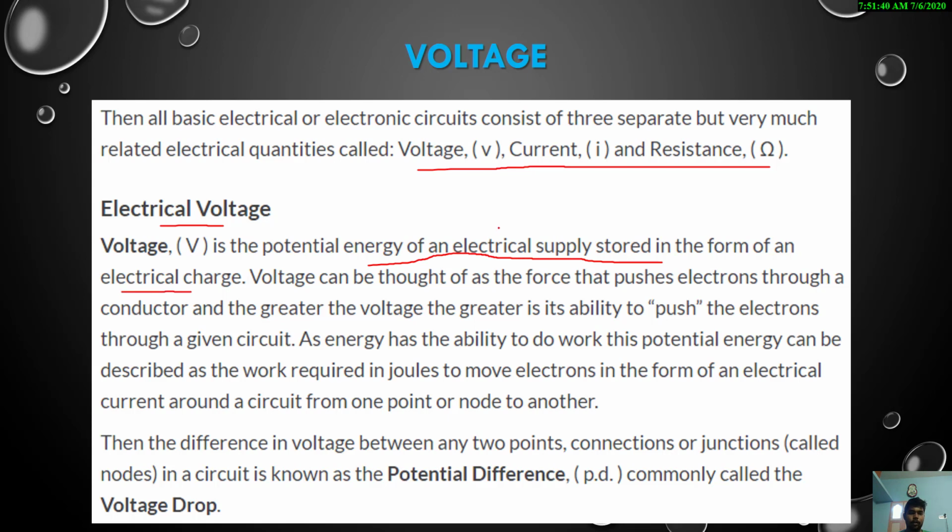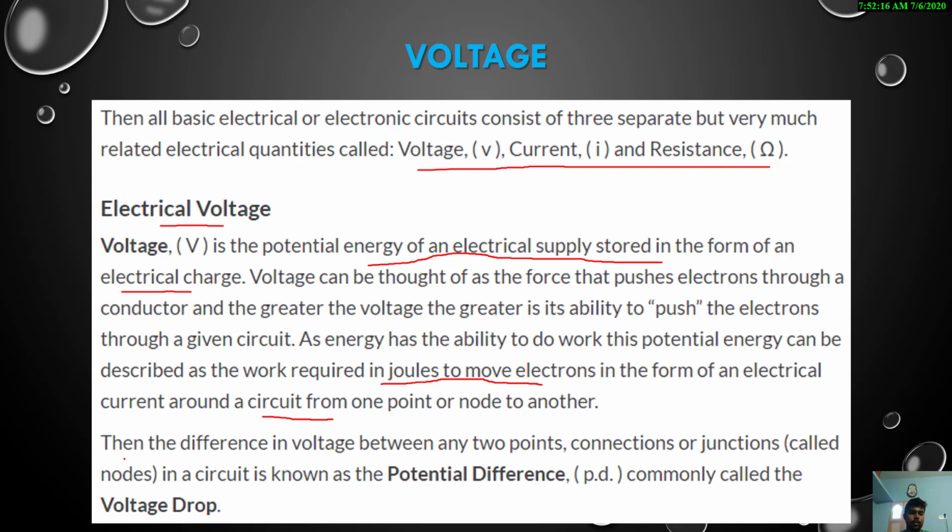The voltage can be thought of as the force that pushes electrons through a conductor, and the greater the voltage, the greater is its ability to push the electrons through the given circuit. As energy has the ability to do work, this potential energy can be described as work required in joules to move electrons in the form of an electrical current around the circuit from one point to another point.